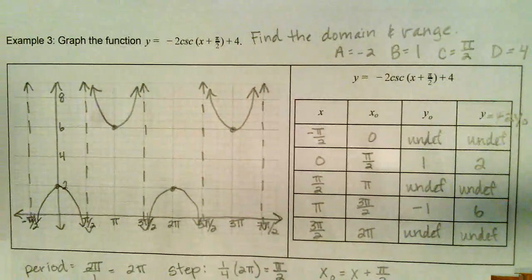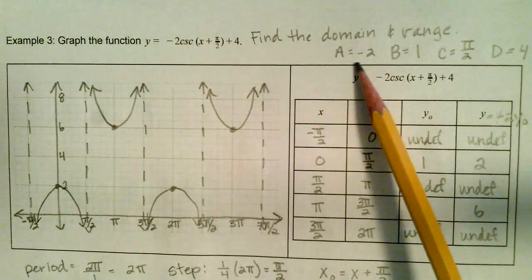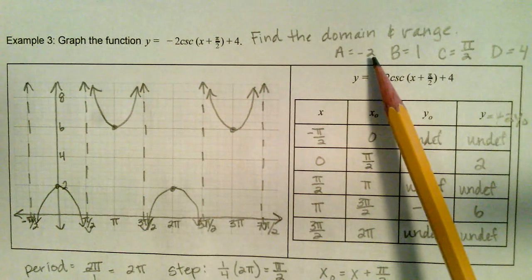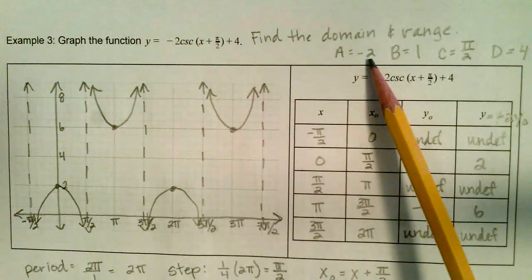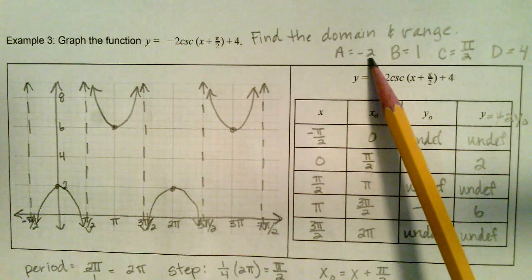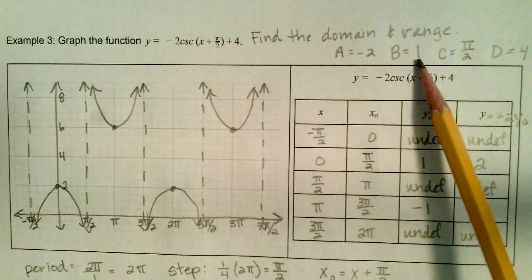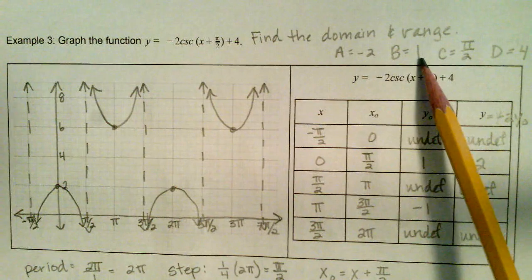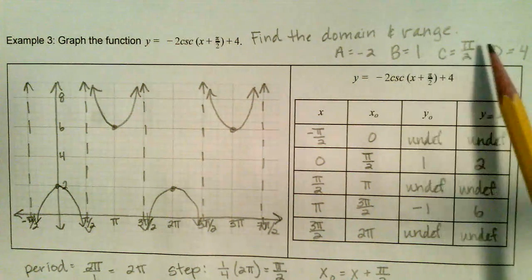For our last graph, we have a cosecant function. Here my A is negative 2, so that means I'm going to have a reflection over the x-axis, and I'm also going to have a vertical stretch. My B is 1, so I'm not changing my period.